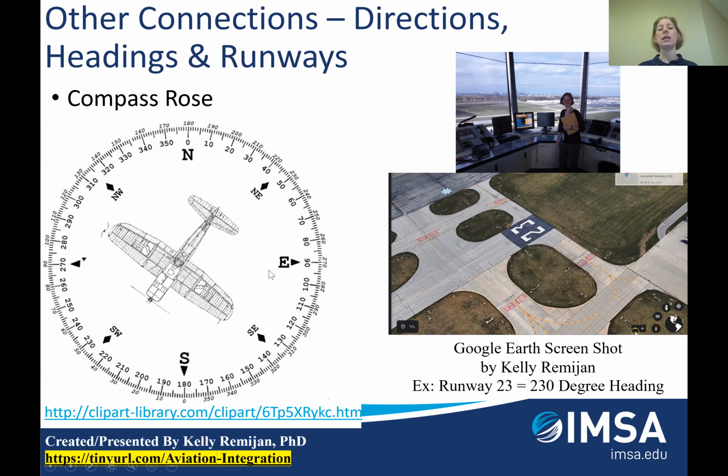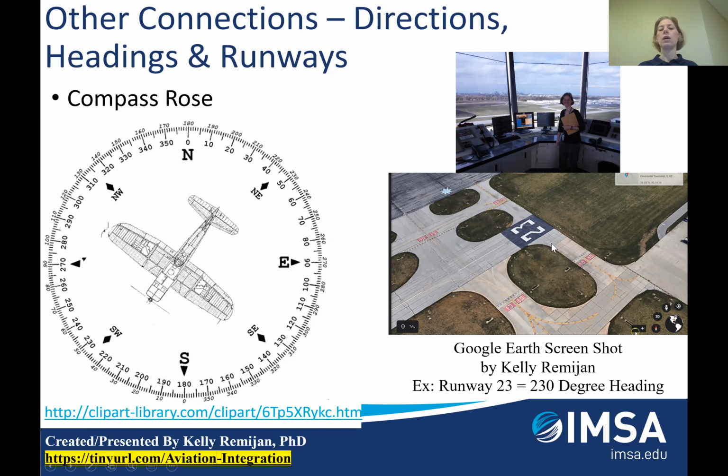So if you're heading easterly, you're heading in the east direction, you could talk about that being 90 degrees. South is 180, west is 270. And if you're heading southwest, maybe you're heading in like a 225 degree heading. And the heading is also associated with the runways.